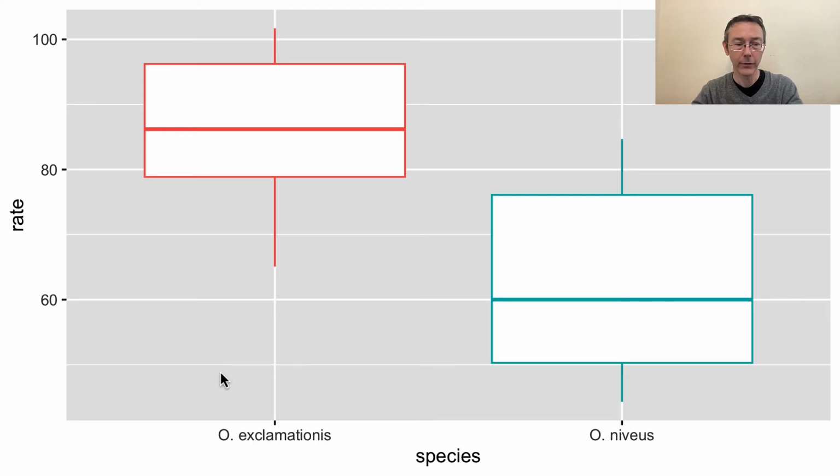Or do the exclamationis, sorry for the pronunciation, have a higher chirp rate on average than the niveus? And so this visualization helps answer that question. Once you've decided that you have a single quantitative and a single categorical variable, that gives you guidance into what sort of geom you might want to be using.